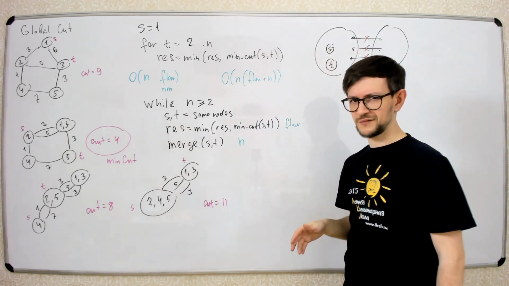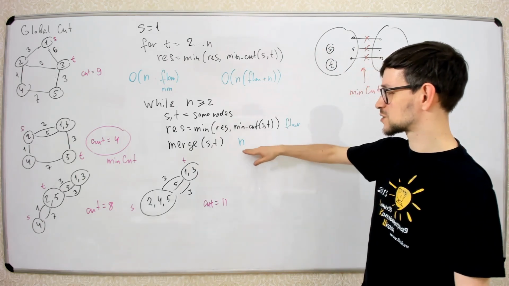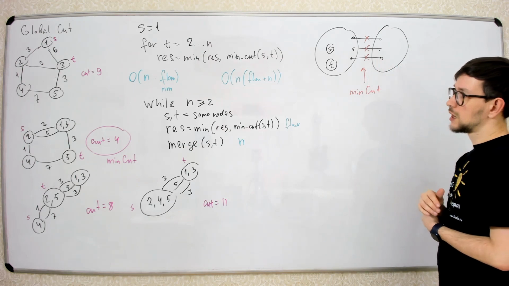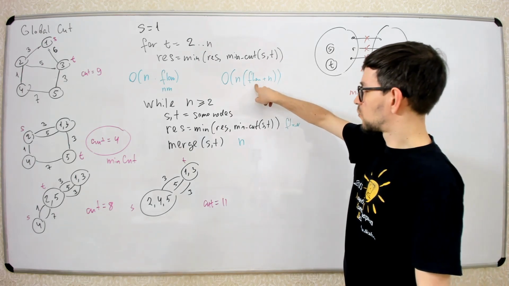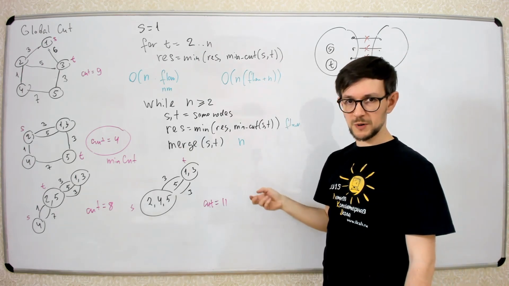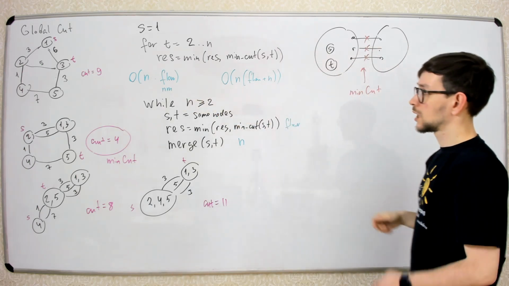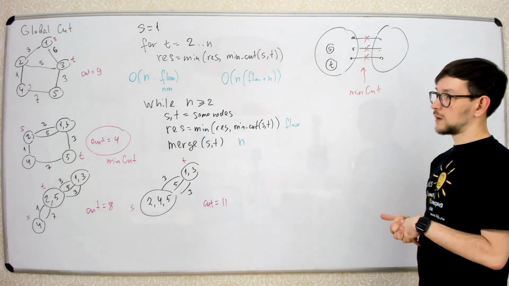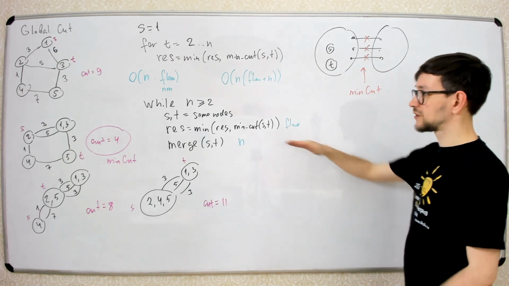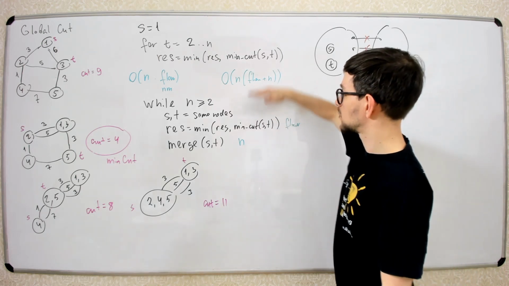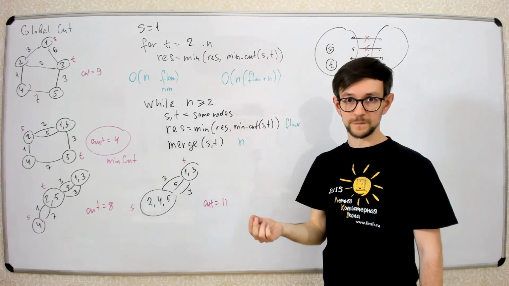It's a little bit more complicated than just rebuilding the whole graph, but it's doable. But again, flow is much slower than this linear time complexity. So actually, the time complexity is the same as for the previous algorithm. So we got a different algorithm, but basically the same time complexity.